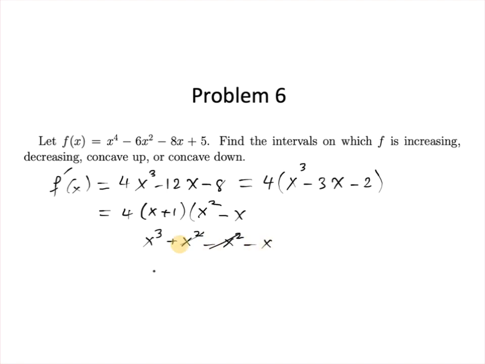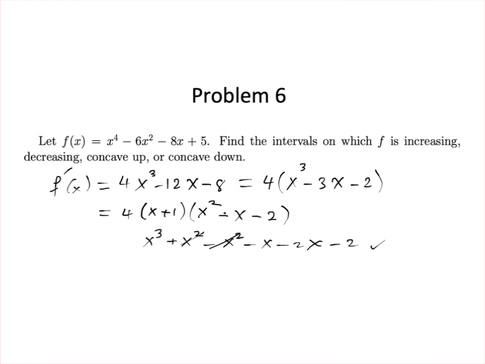So the x squareds cancel. Now I have minus x, but I need minus 3x. So to create that, if I put a minus 2 here, then minus 2 times x is minus 2x. And that gives me the minus 3x that I need. And then minus 2 times 1 is minus 2, and that checks too. So this is the factored form of that.